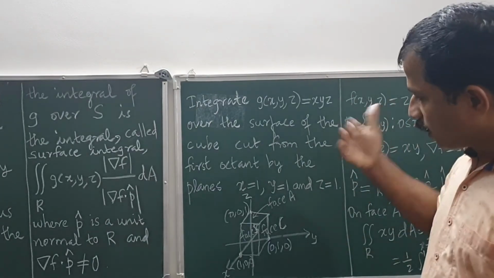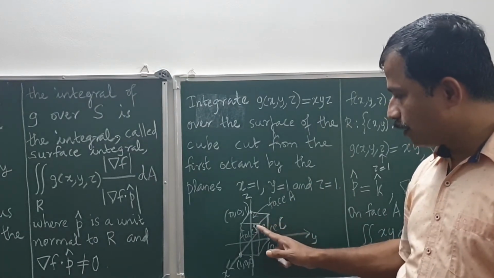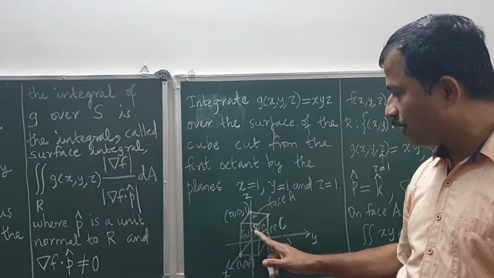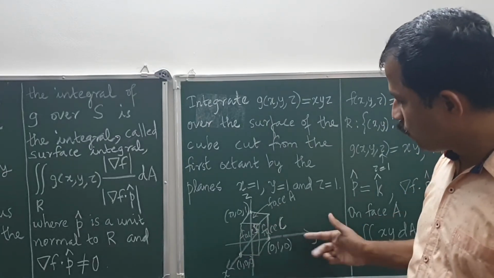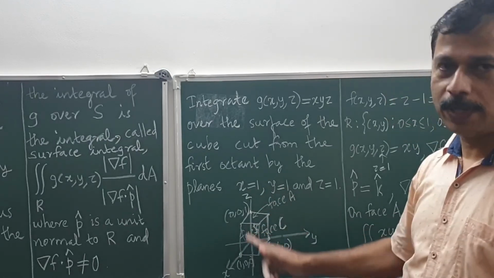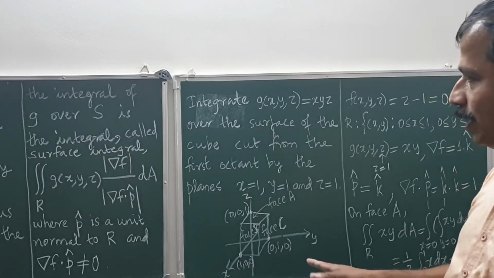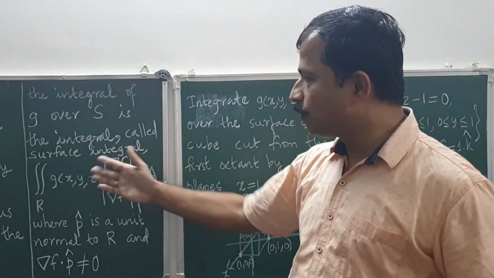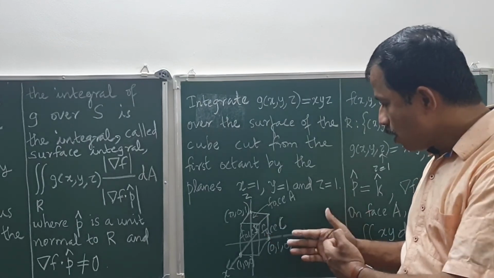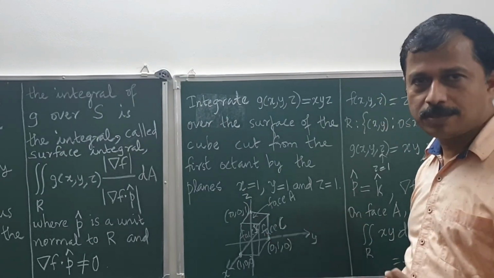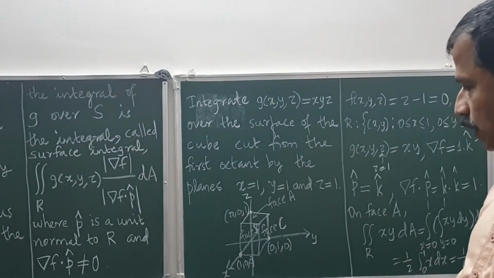Otherwise, what we have to do is find the shadow of face B. The shadow of face B will be on the zy plane, or yz plane. In that case we have to find the double integral over that region, where our variables are y and z, and we find the value, and it will be 1 by 4.